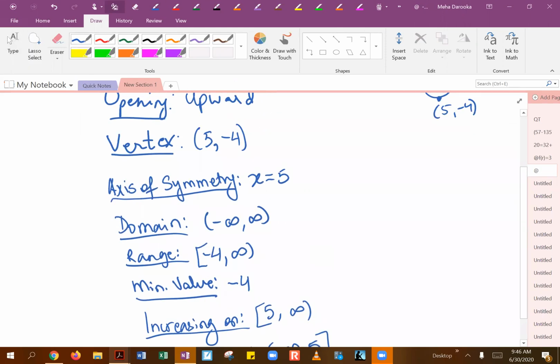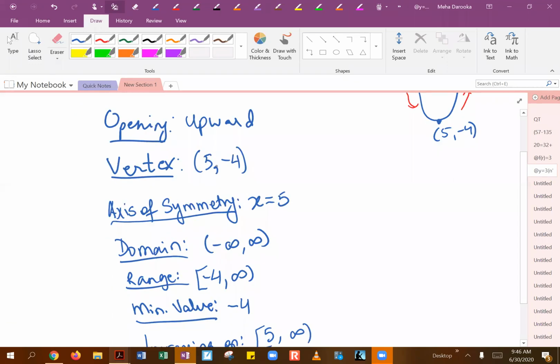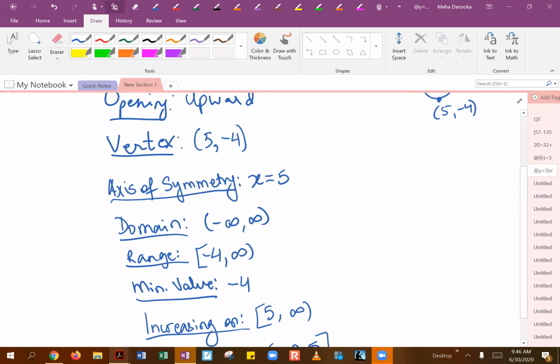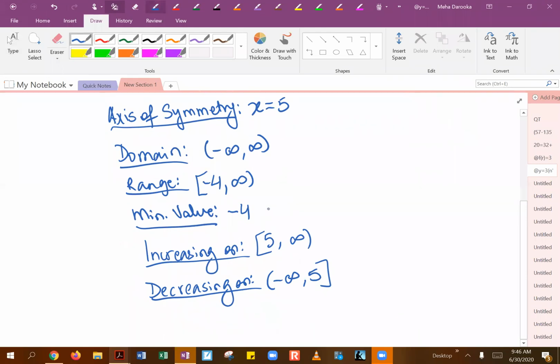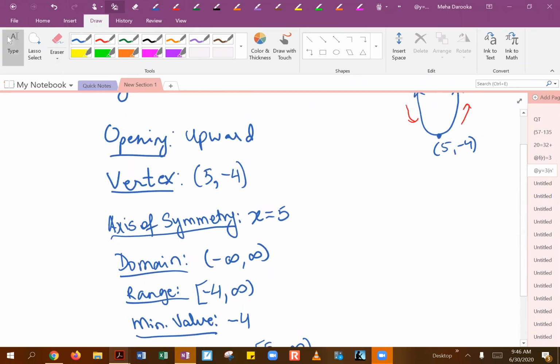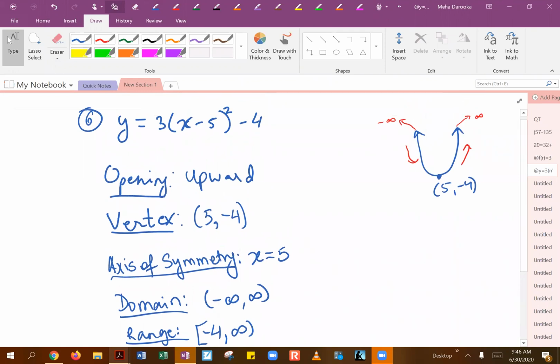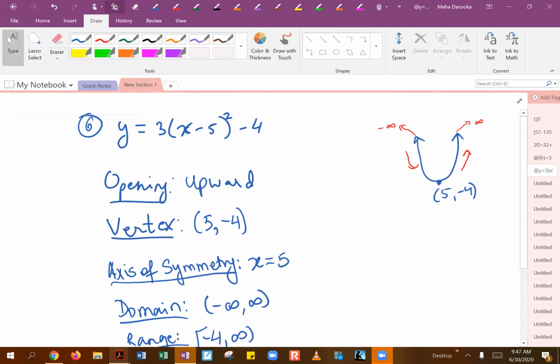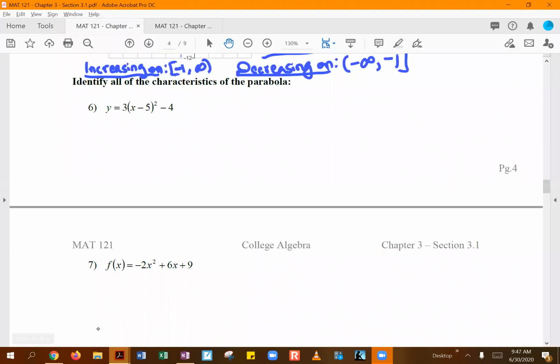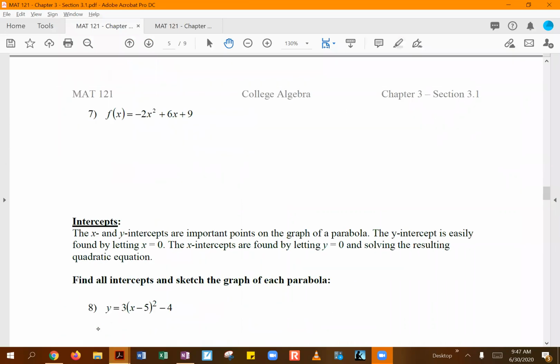So look at all of these answers that we came up with. You are essentially using either the x or the y coordinate from your vertex to come up with all of these characteristics. So the opening and the vertex help you come up with all of these other different characteristics. I would like you guys to do the same thing we did for number 6, for number 7 over here.